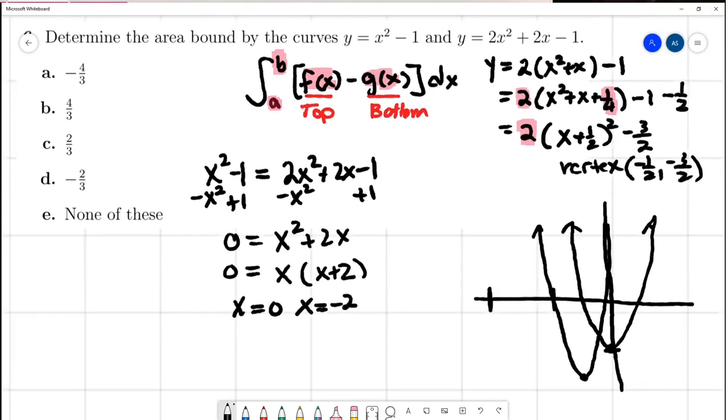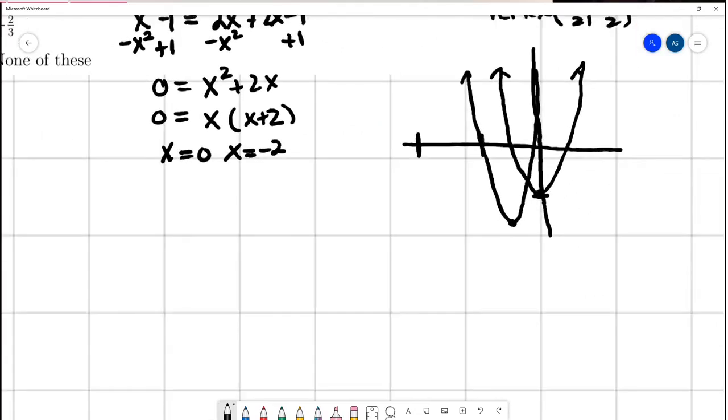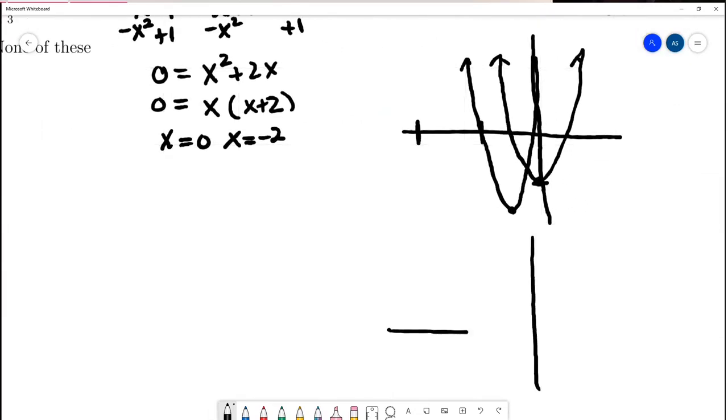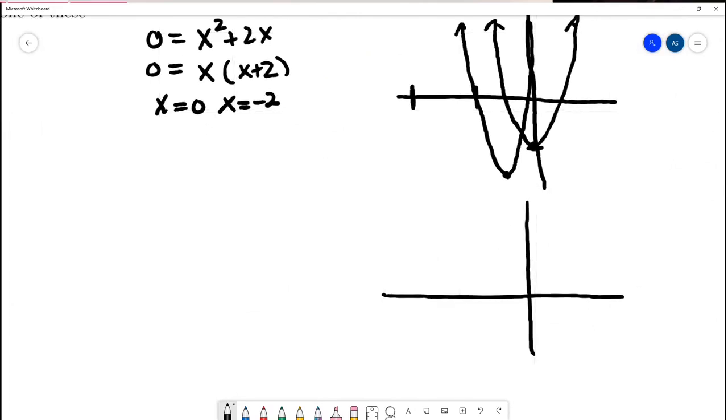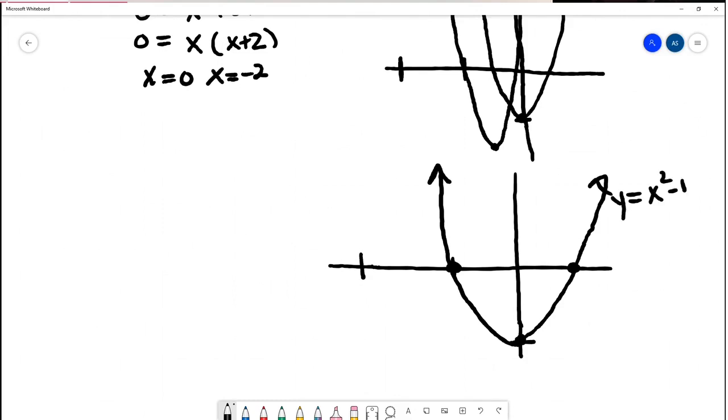So let's see if I can get a little bit better picture. -1, -1, -2. My first curve would have these points right here. This is the curve y equals x squared minus 1.